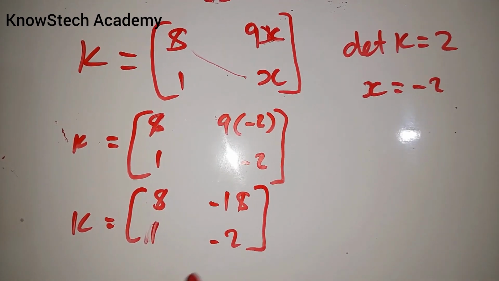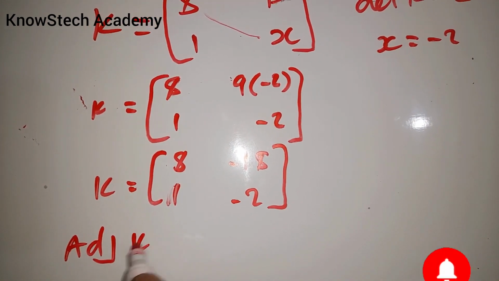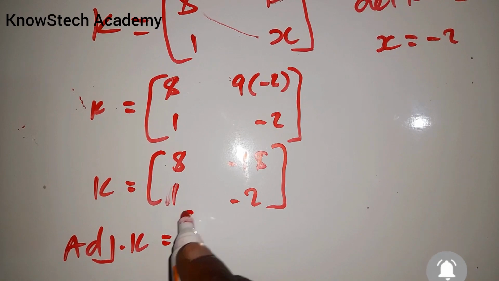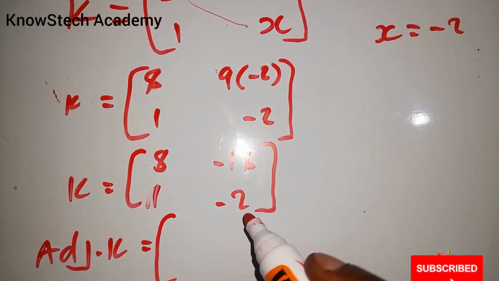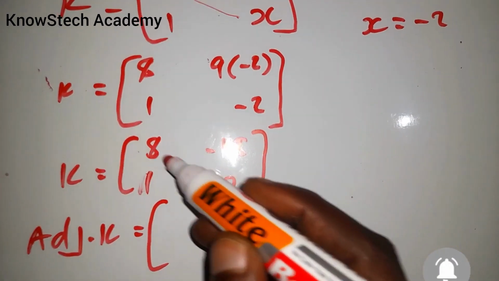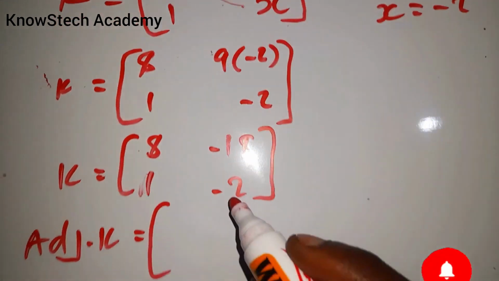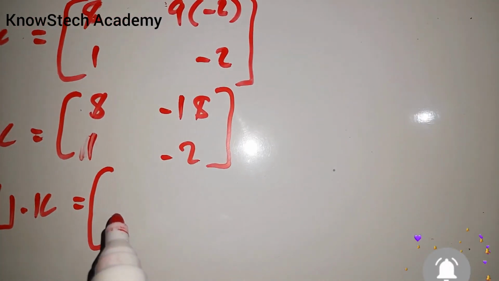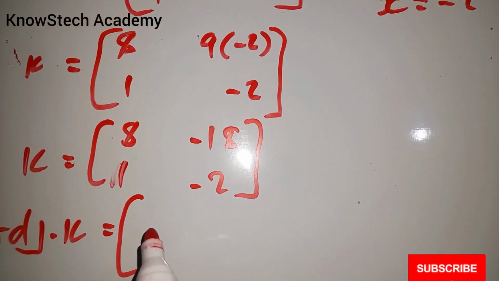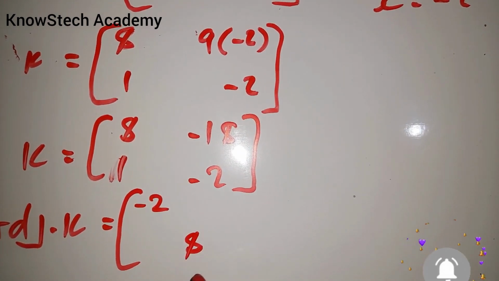Then to find the adjoint matrix of matrix K, you just swap the numbers in the major diagonal. This is the major diagonal, by the way. You swap, so the -2 will be here, then the +8 will be here.